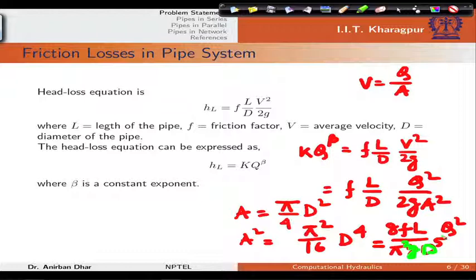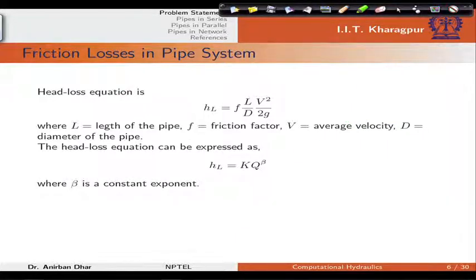Now, in this case we can say that this is our coefficient which is k, and this Q square is there, which means that beta equals 2.